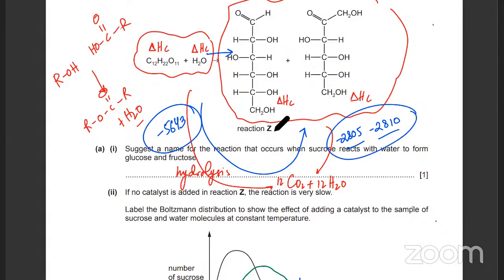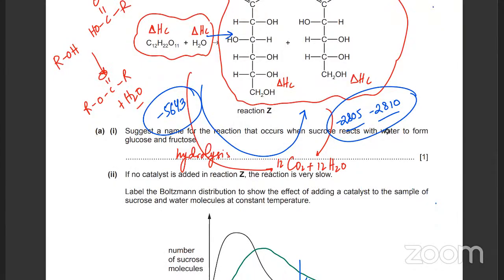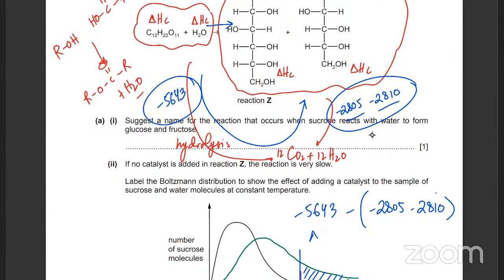So it's going to be enthalpy of combustion of the reactants minus the enthalpy of combustion of the products. So it's going to be minus 5643. Their sign will change, and that's going to be minus 2805 and minus 2810. So basically what you're doing is the enthalpy of combustion of the reactants minus the enthalpy of combustion of the products.